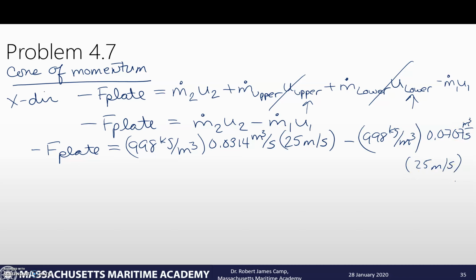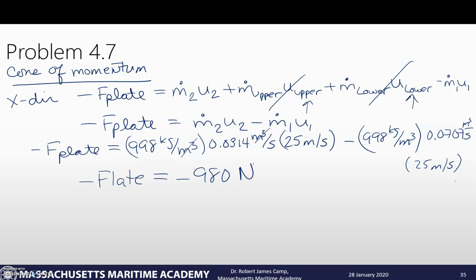So as I look at it, I've got kilogram, cubic meter. Cubic meters will cancel out. Kilogram meter per second squared, that's going to be a Newton. That's great, that's a unit of force. So if I go and calculate this all out, what I'm going to get is F of the plate. You plug all those numbers in, you should get negative 980 newtons.